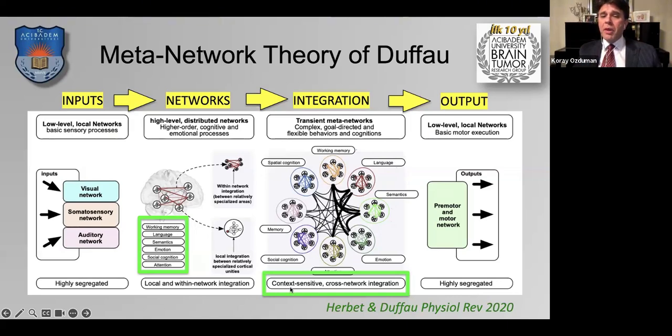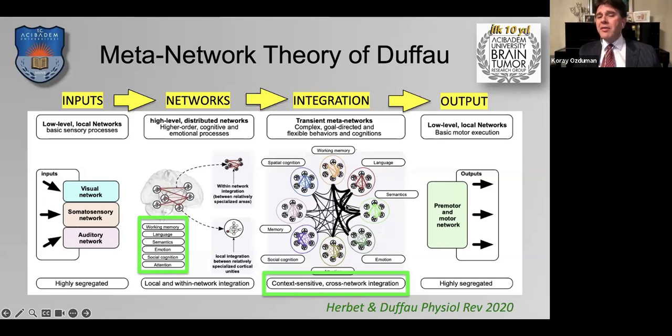So when you're speaking and trying to retrieve words, you need interaction of the language network with the semantic network. And if the language is telling you a love poem, then you get emotions, and the emotions need to be interconnected with the language and the semantic network. And then you have to remember those, so they need to go into working memory.